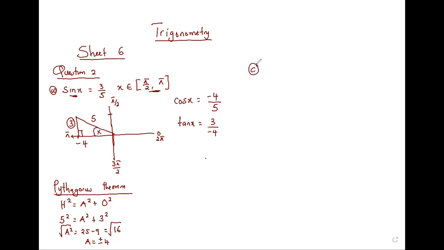I have a question. Please ask. What about the ranges we've been given, which is pi over 2 and pi? When do those come in? These are the ones that have told us where to put the triangle.